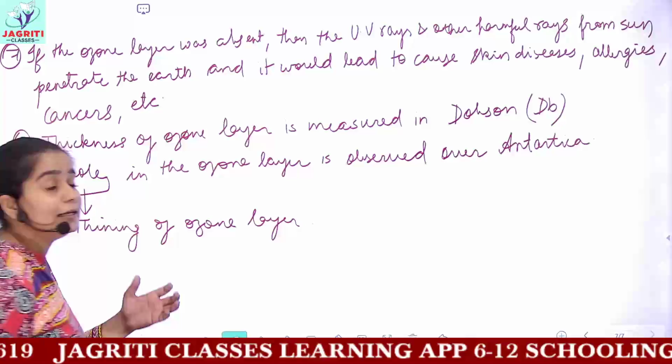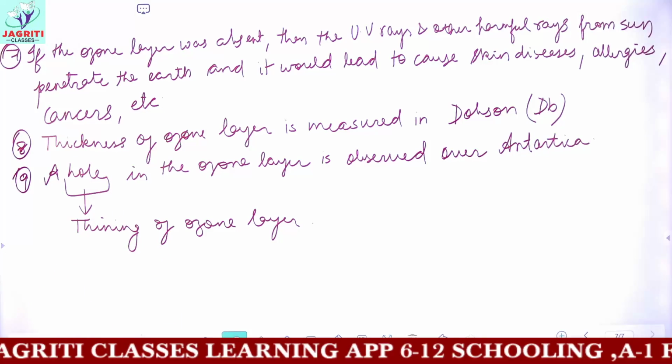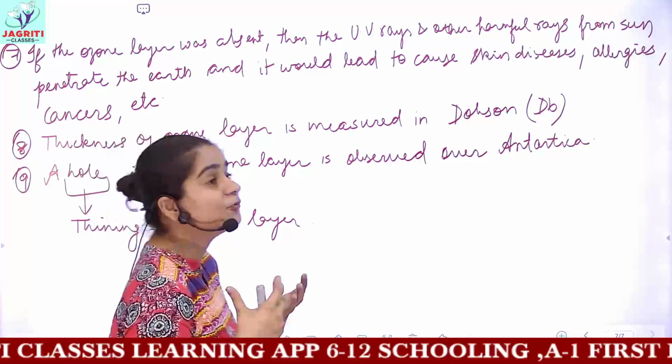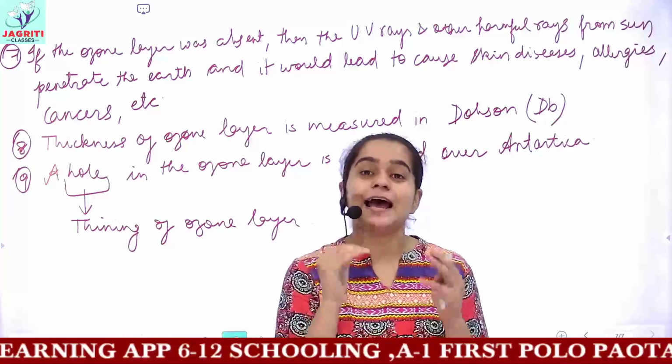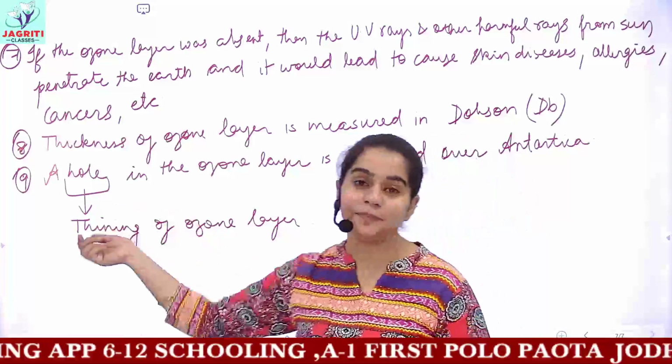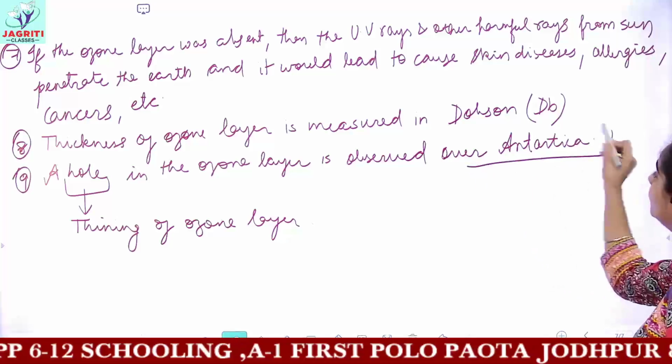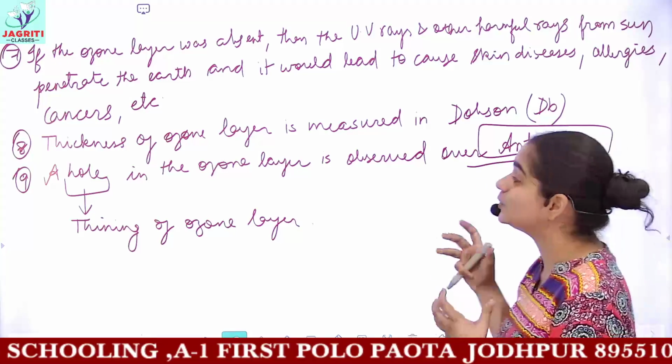Actually a hole does not signify that the ozone layer is absent from that place. It just signifies that the ozone layer has become thin in that place, and we are observing a hole over Antarctica in our ozone layer.